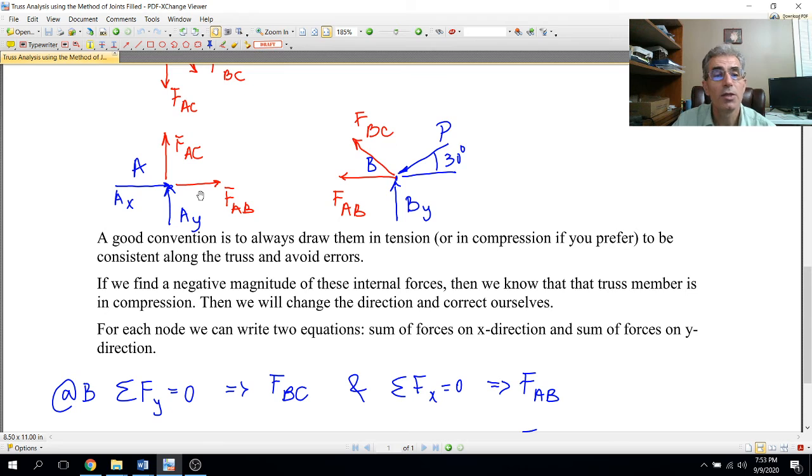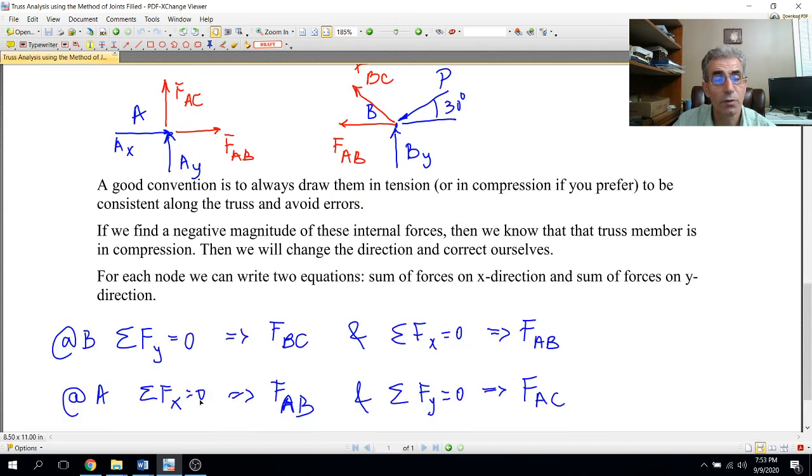Then we are able to write sum of forces on point A for that joint, and if we do this along the x direction, we get FAB. Maybe it was even easier to start from the beginning by writing sum of forces along the y direction, and you can get FAC.